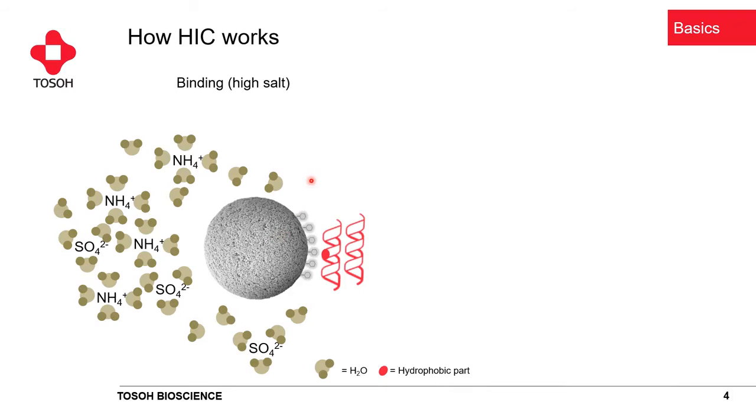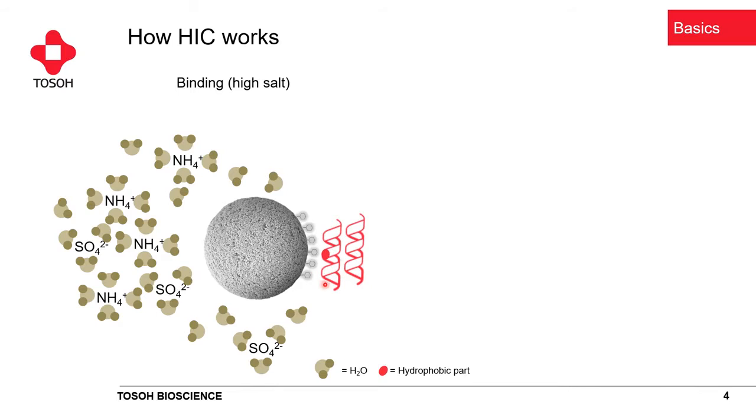Here we have an even more visual representation of how hydrophobic interaction chromatography works, as the salt is displayed. For binding, we have the high salt concentration, with a lot of ions, and you can imagine that the ions in combination with the dipole of the water keep the water very busy, so not a lot of free water molecules are there to solvate our stationary phase or molecule of interest.